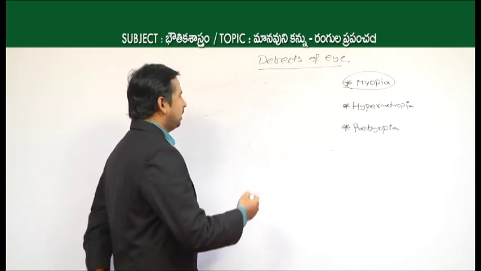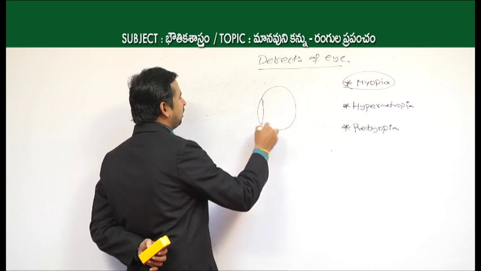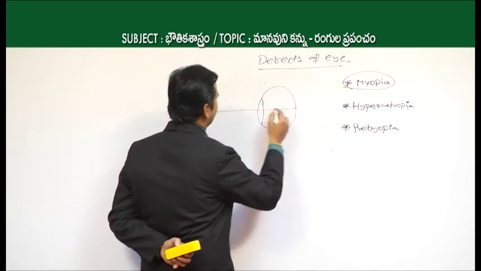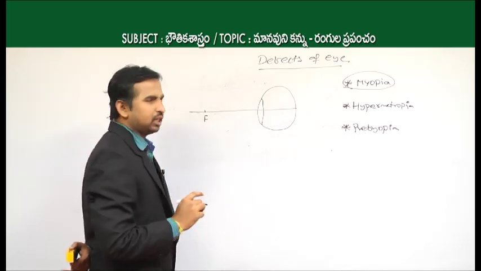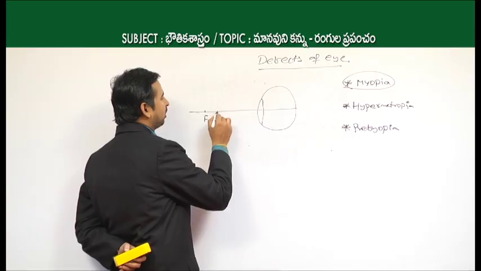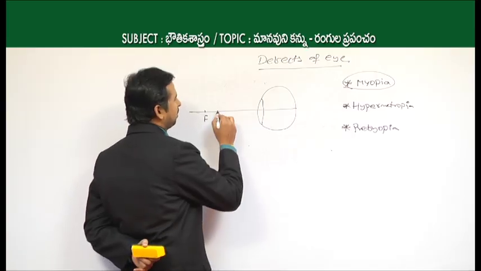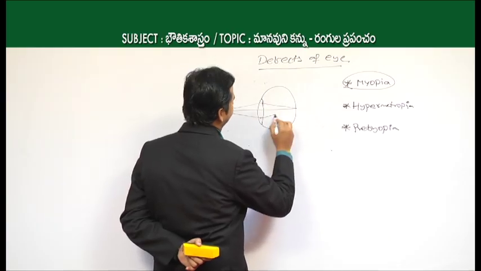For example, take the eye lens and mark the far point here. If you place the object before the far point, anywhere, the image is formed very clearly on the retina, like this.